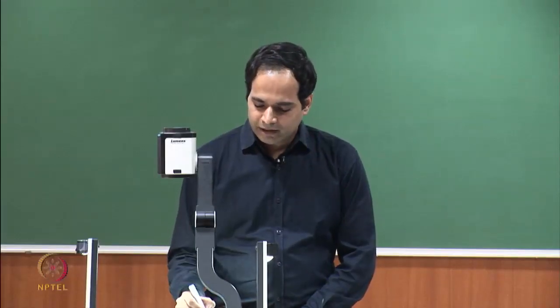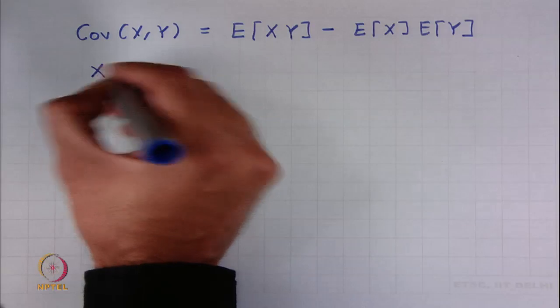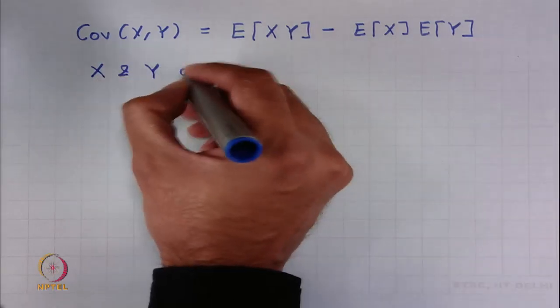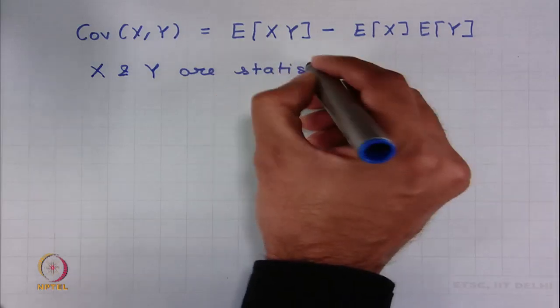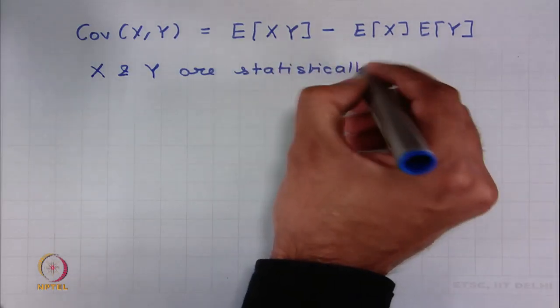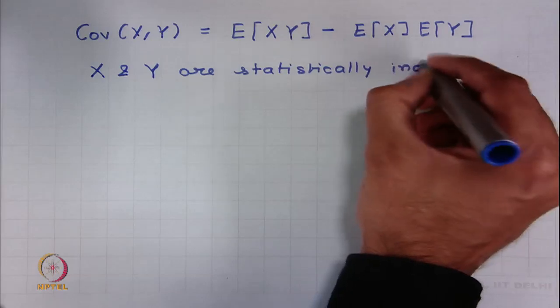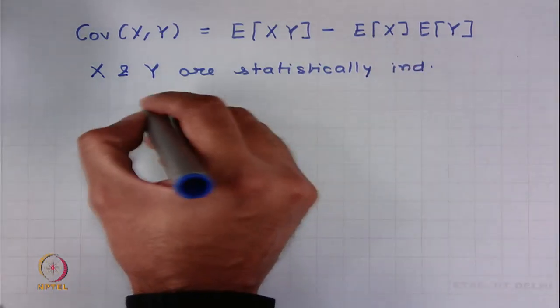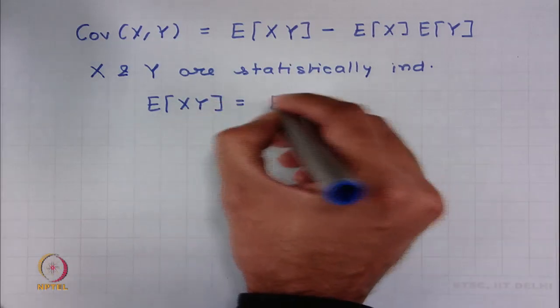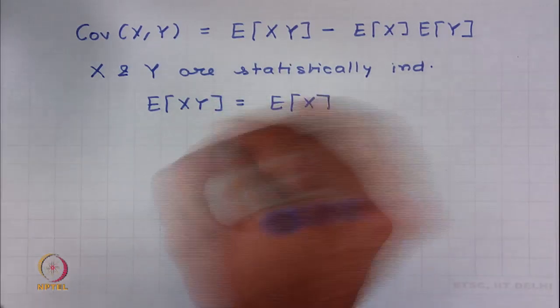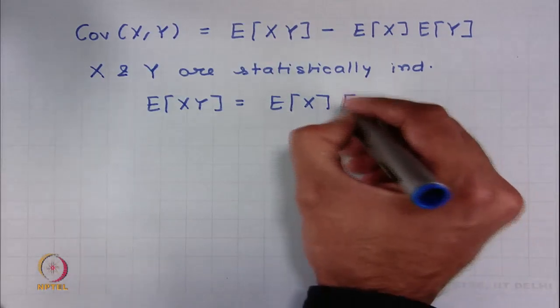We also said that if x and y are statistically independent, then the expected value of x y is the product of the expected value of x and the expected value of y.